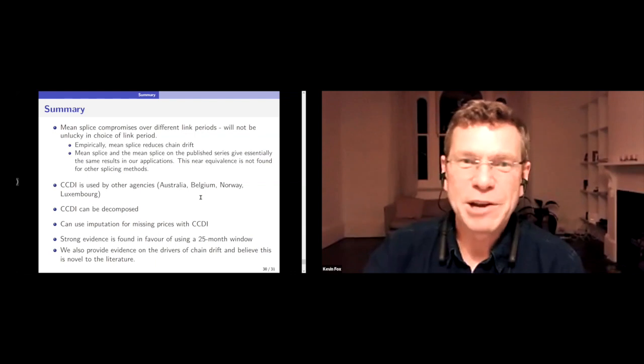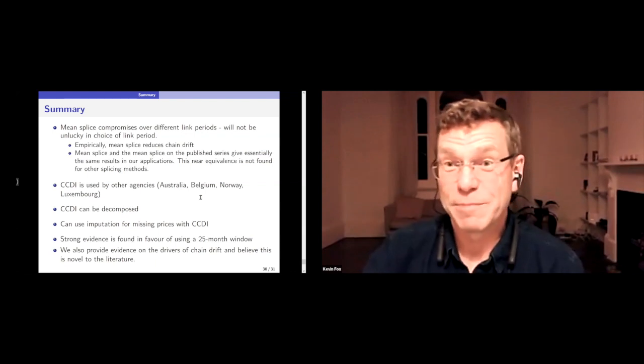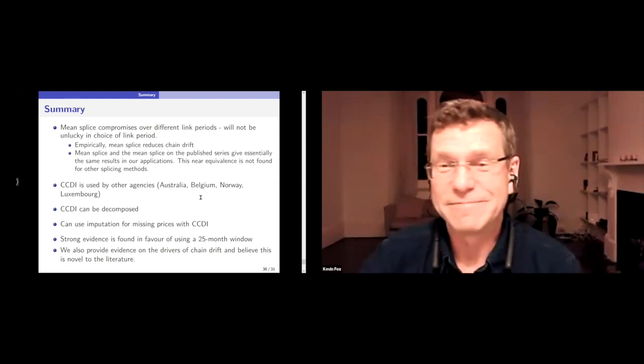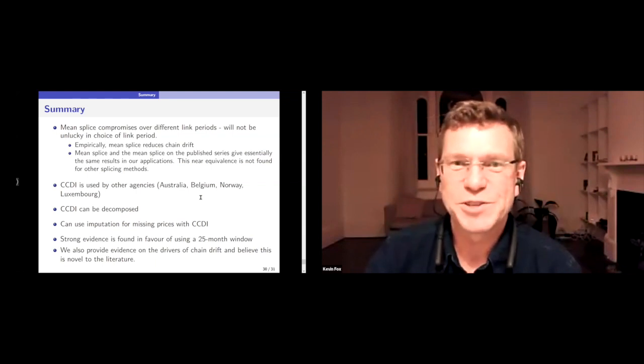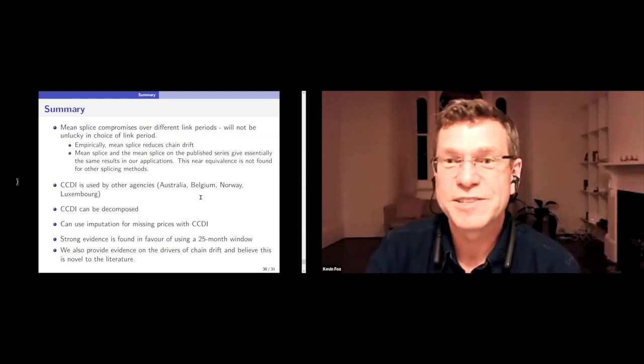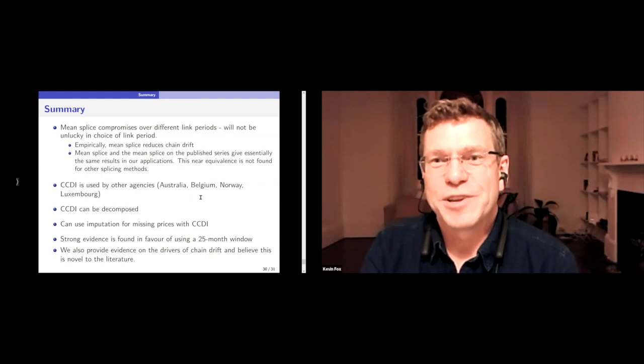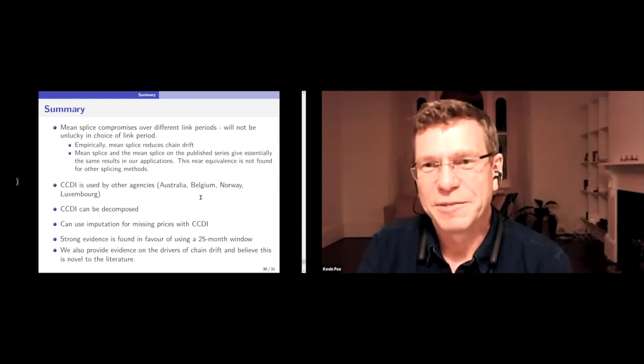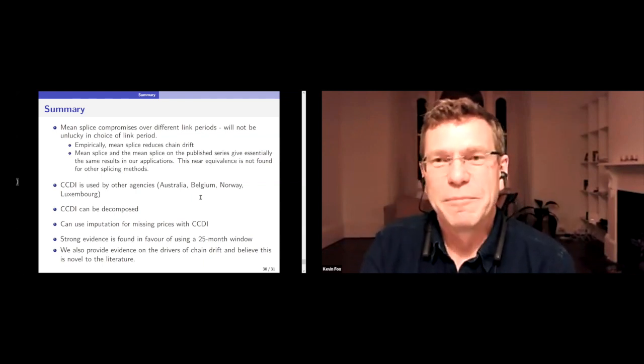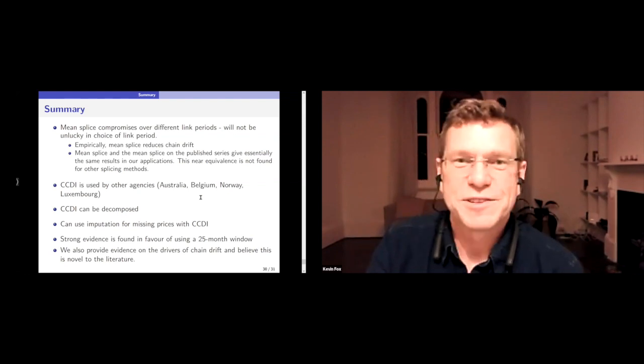If you really want to do the splicing on the published series, you can do the mean splice. It has all the advantages that you may perceive about linking on a published series, but you get identical results, essentially, at least in our work, as the regular mean splice.